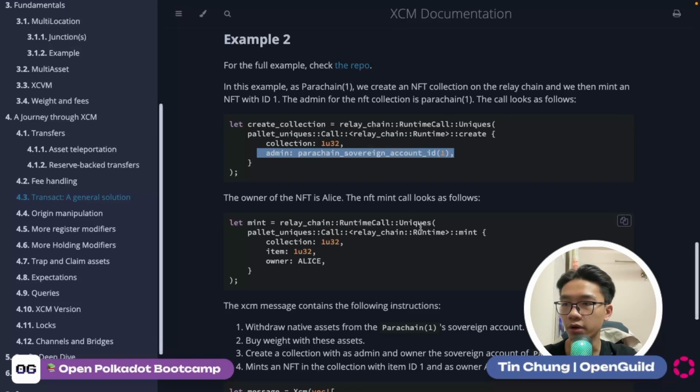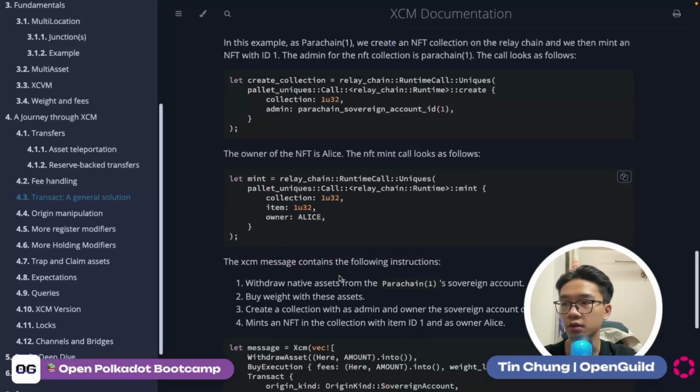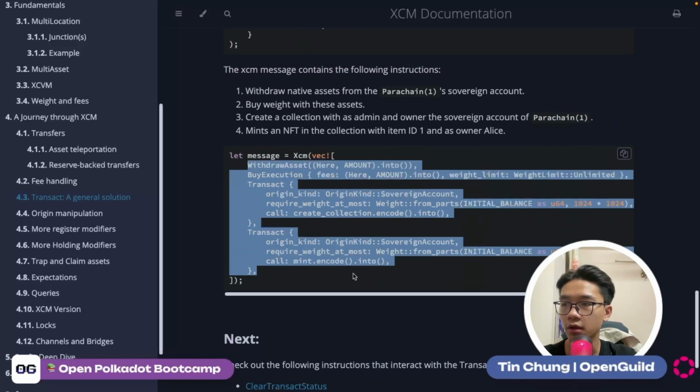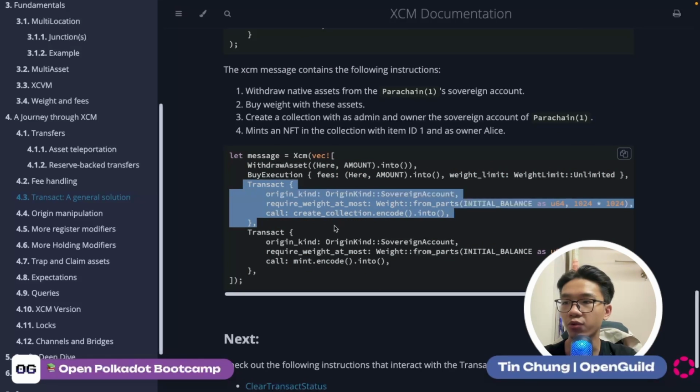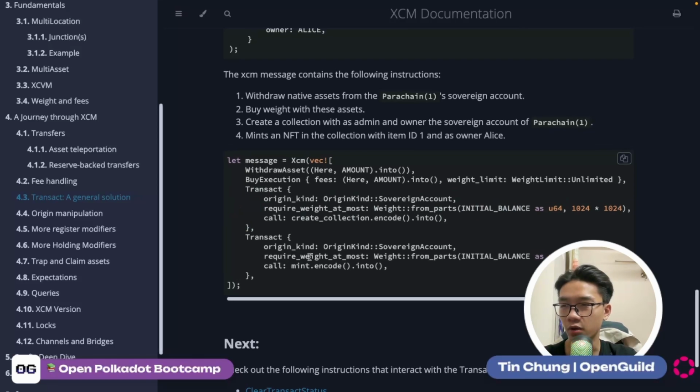Then you call to mint a new token on the relay chain for that parachain sovereign account. This is how you can send a message to a relay chain to create a new NFT collection across blockchains.